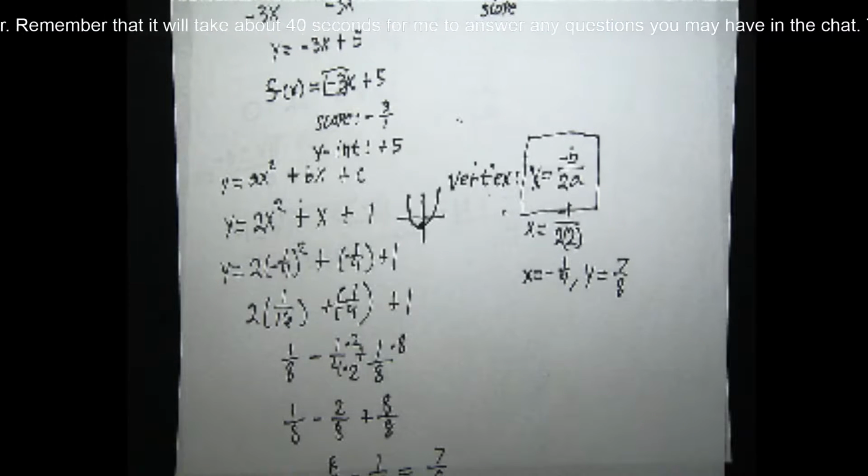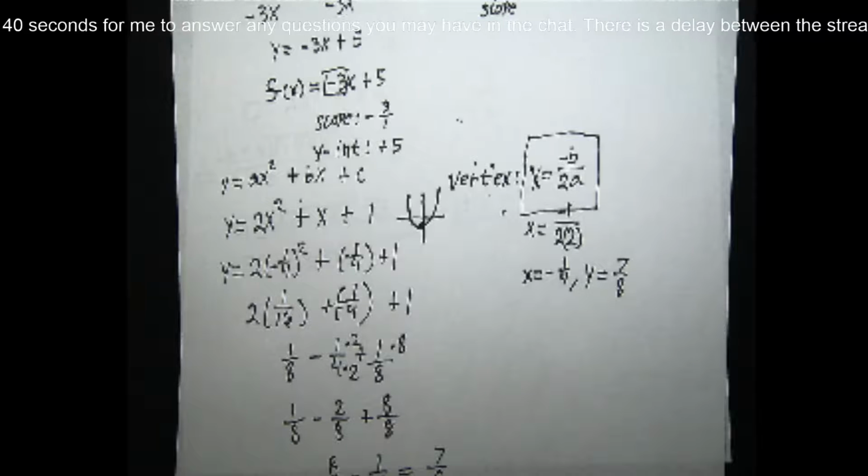If you want to know your x-intercepts, then you plug in a 0 for y, because anywhere that the graph crosses the x-axis, y will be 0. So again, we plug in a 0 for y to find the x-intercepts. And of course, solve.